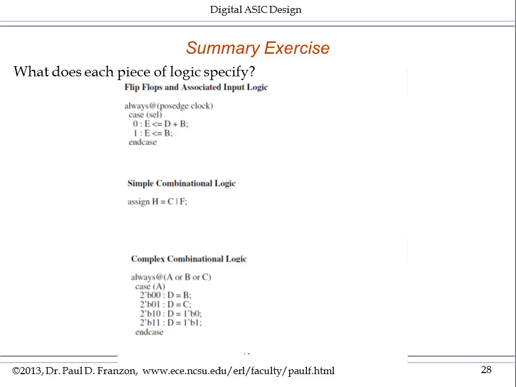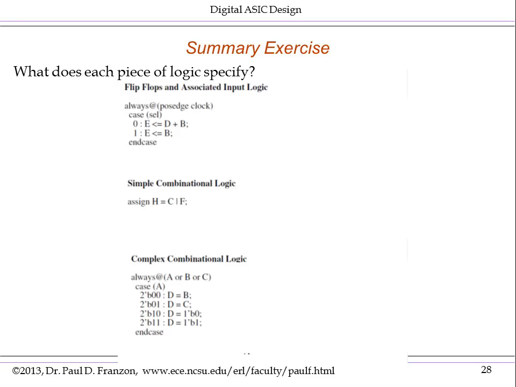The first one is an always at pos edge clock with a case statement. How the case statement works is SEL is successively matched to the cases on the left-hand side. On the first successful match, and only on the first successful match, the statement to the right is executed, and then we jump to the end of the case statement.